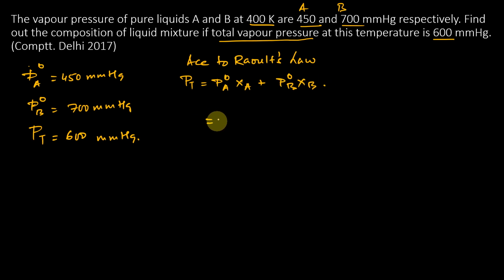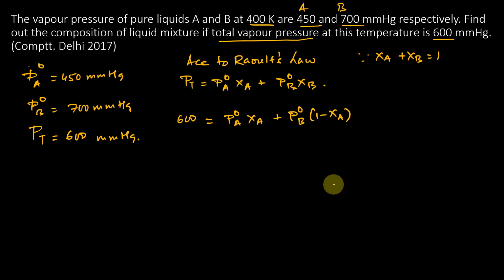Now what we can do is write here 600 and P naught A XA, and P naught B into 1 minus XA. Can I not write it, since XA plus XB is equal to 1? So this is a very important tool. So what will the value of P naught A be? It will be 450 into the mole fraction, that will be XA. Okay, let it be XA.